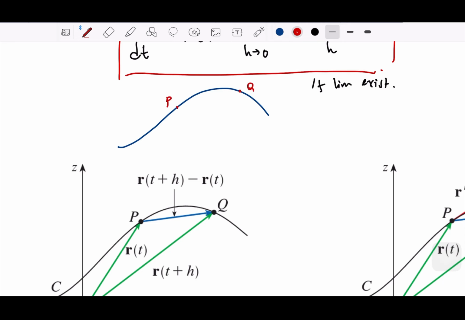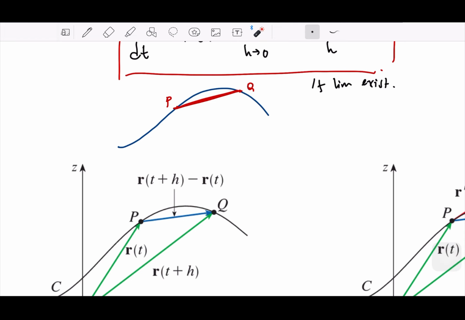Okay, and what we did is we take this Q closer to this P, or maybe from P also closer to Q, and then this distance is going to be closer and closer, meaning going to be 0 at the very end.